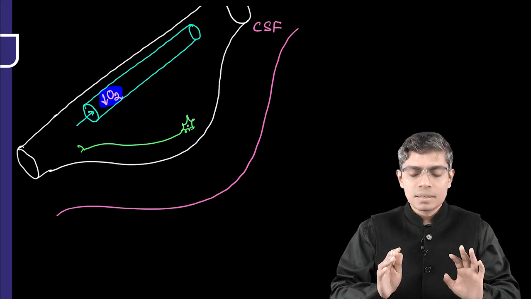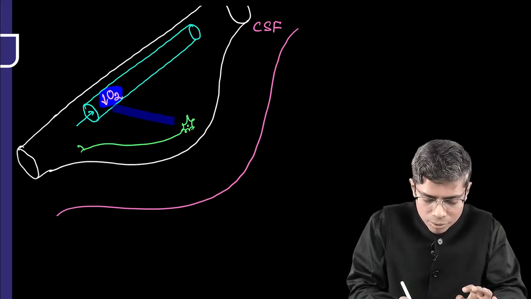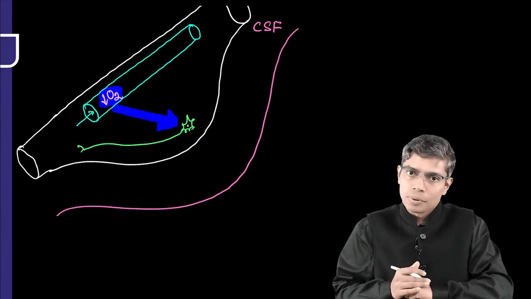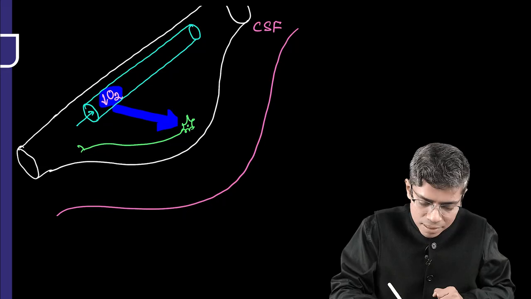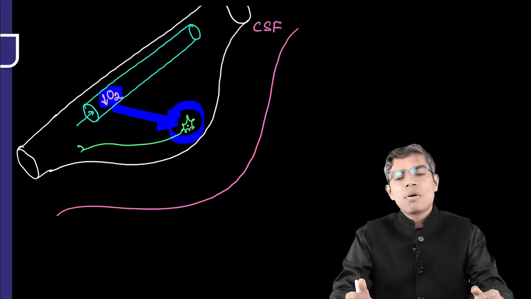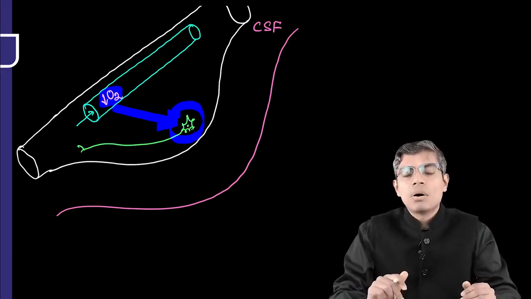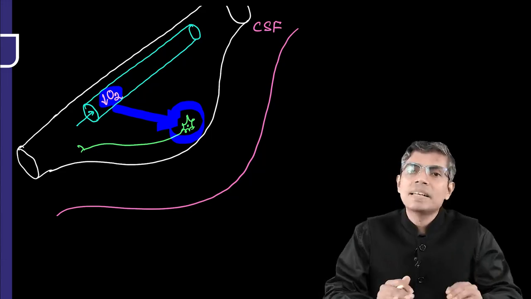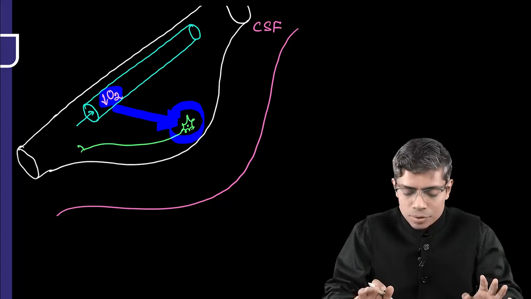I can understand that this hypoxia is also going to affect the neurons located at the chemosensitive zone. So hypoxia will be there surrounding this neuron also. But is there any oxygen sensitive channel on the surface of this neuron so that it can detect hypoxia? Answer is no. So can it detect hypoxia? Answer is no.